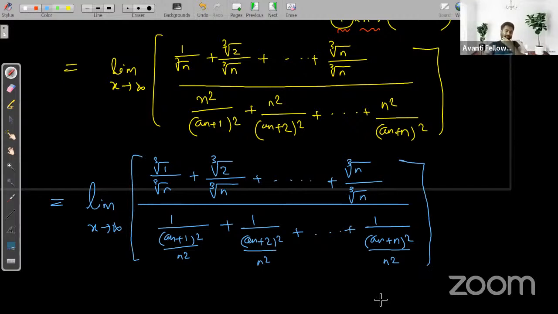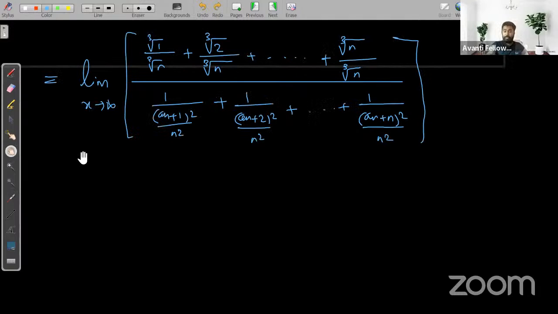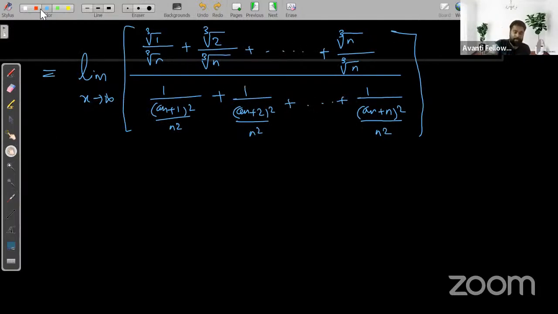Is it clear? If it is clear, can we now write the numerator and the denominator in the form of summation? We can write or not? Yes, we can write. So how can we convert the numerator and denominator into summation? Let's see what is happening.